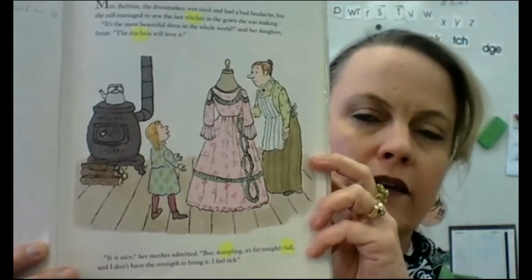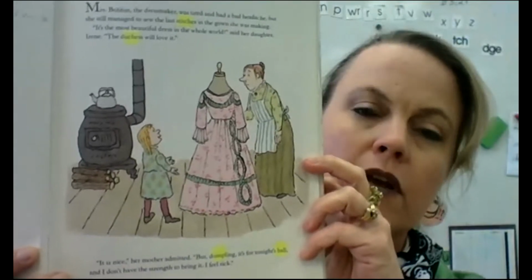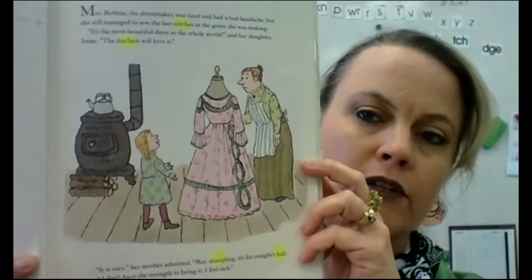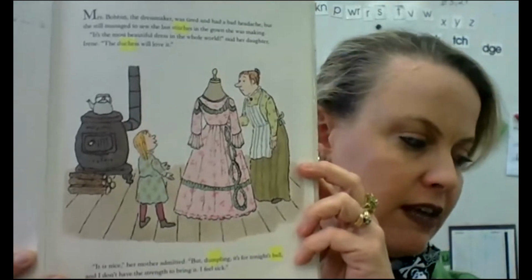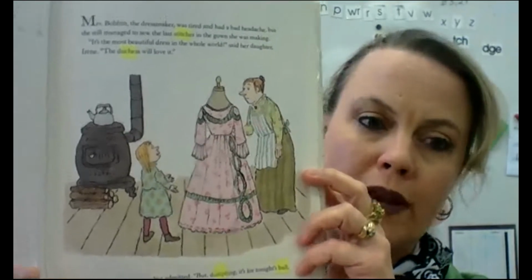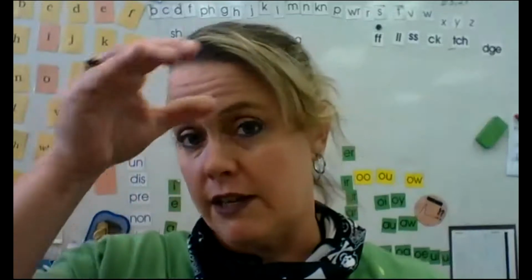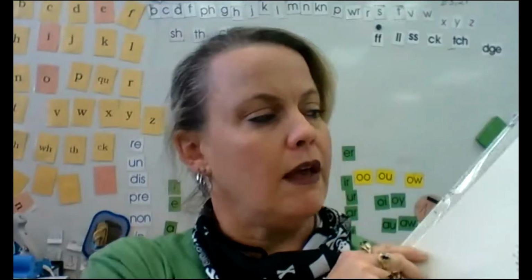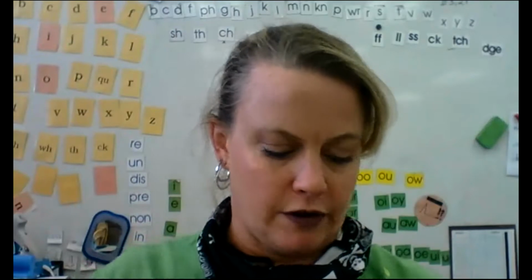I highlight figurative language, similes, metaphors, onomatopoeia, personification, etc. Multiple meaning words if I'm going to be teaching them. So for example, in here, the word ball is referring to like Cinderella's ball, a dance type thing. And so I highlighted that one so that I could talk about it and refer to that if I want to later.